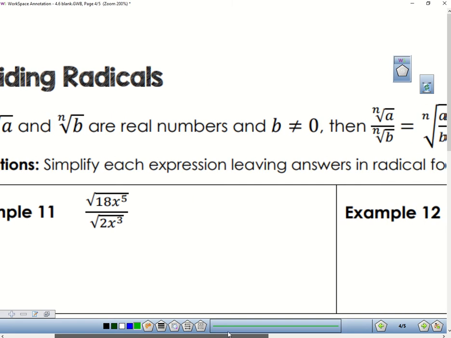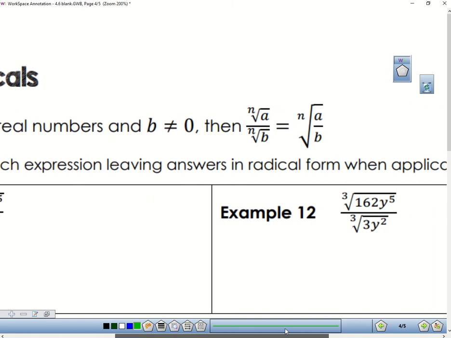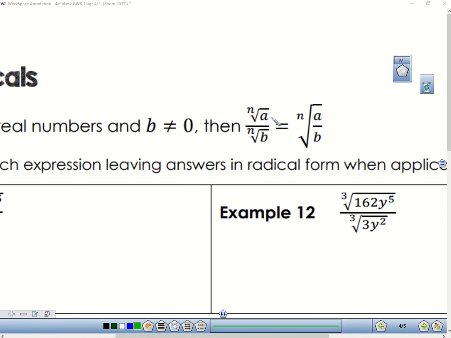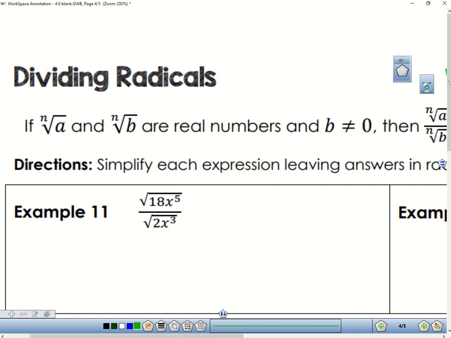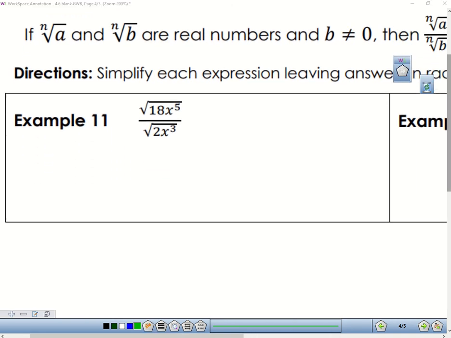So when you divide radicals, it's very similar to when you multiply them. You're basically going to put them underneath one big radical, and you're going to have whatever a is divided by whatever b is. And within that, you should be able to simplify. So in this case, we're going to put it over one big radical. So it's going to be the square root of 18 x to the 5th over 2x to the 3rd.